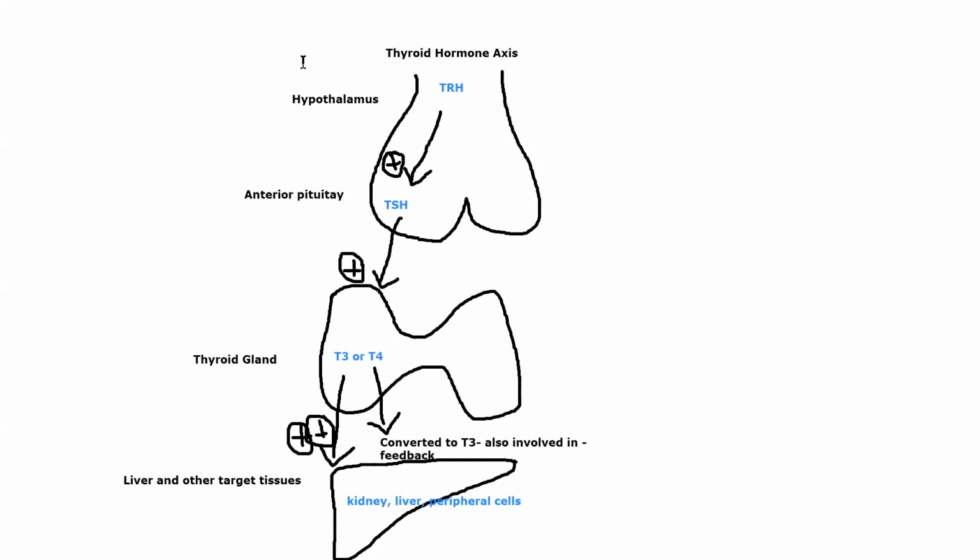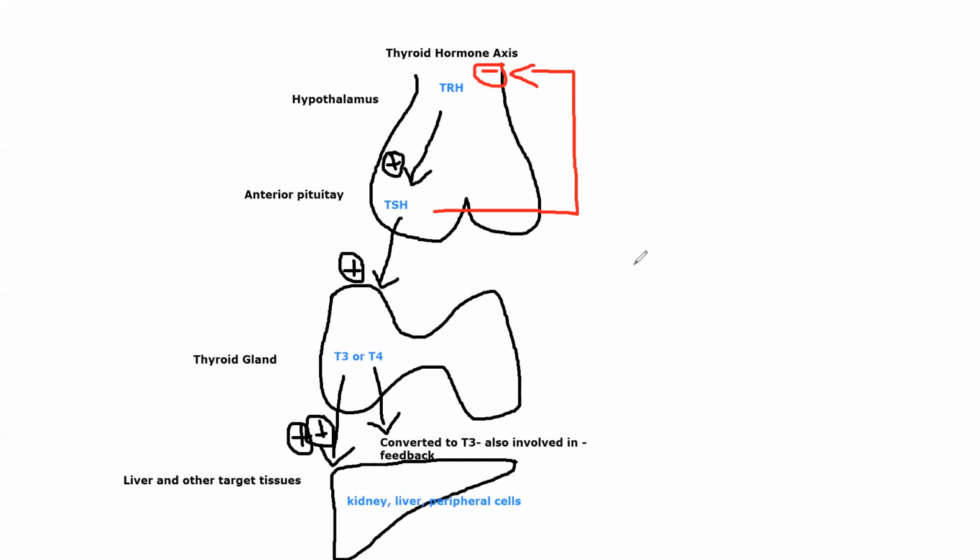We talked about this briefly during our last unit, where we have this long loop negative feedback and then a short loop negative feedback. So the short loop negative feedback is TSH feeding back, let's make this red, feeding back onto the hypothalamus here and telling the hypothalamus to stop its secretions. It's going to be a negative signal.